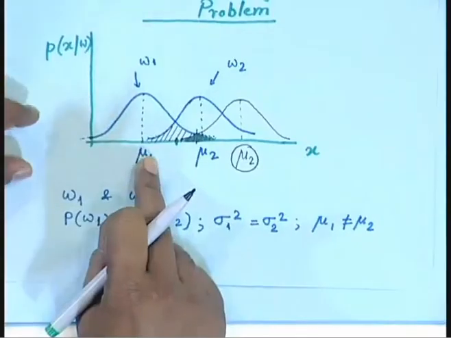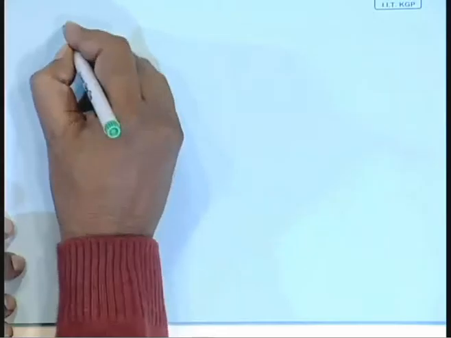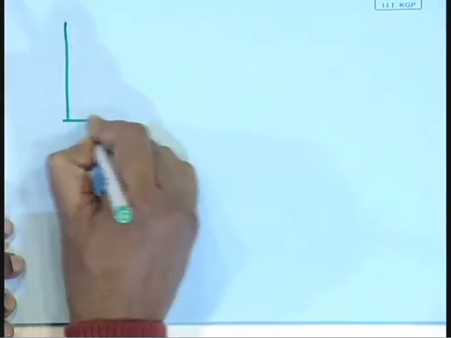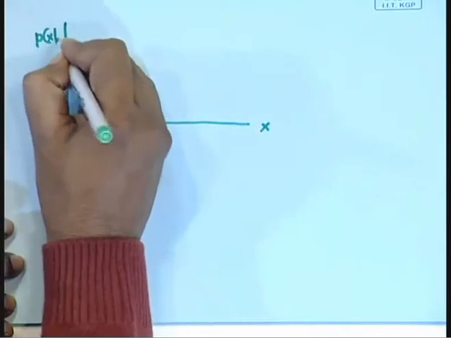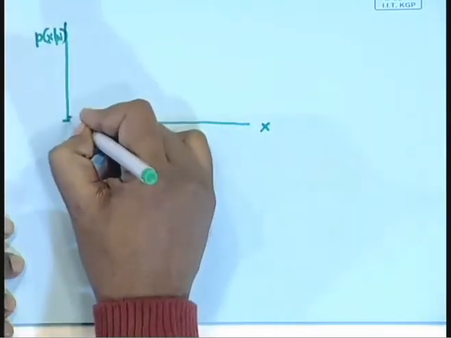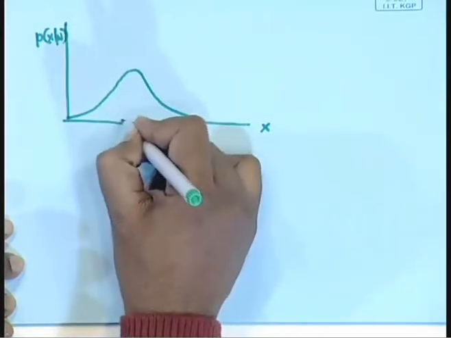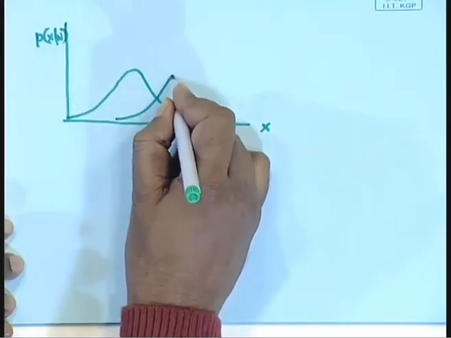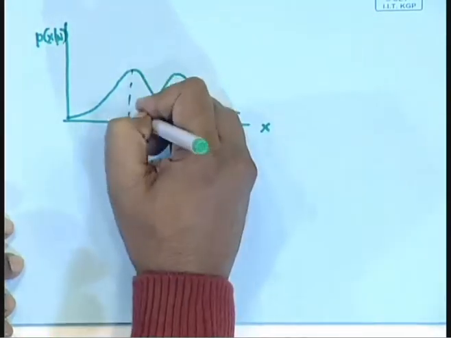Okay. That is quite natural, because here what we said is, coming to this diagram, or let me redraw this diagram. This is the x, this is p of x given omega. Okay. So, suppose the distribution is something like this. So, this is mu 1 and this is mu 2.